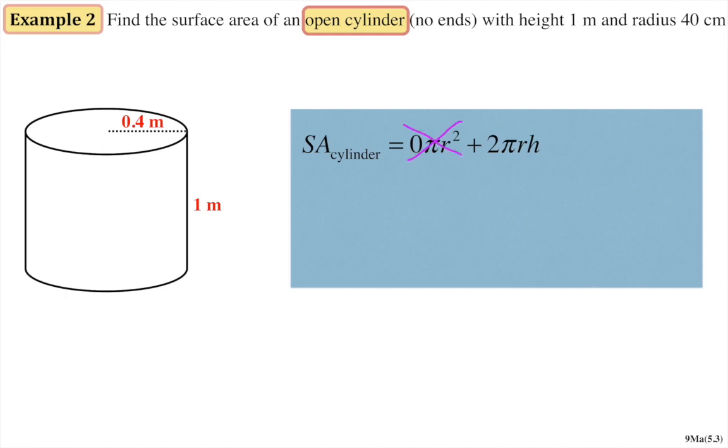I'm just putting it there so you recognise because it's a cylinder with no ends, it's hollow, there are no circular ends. We just have to do 2 times pi times radius times height. We know the radius is 0.4, we know the height is 1. So we put that into the calculator and the area is 2.51 metres squared.